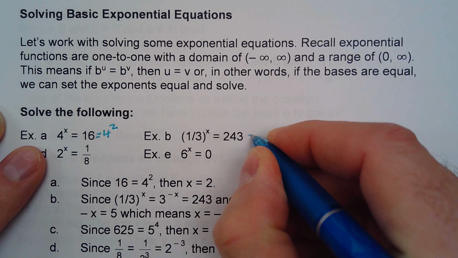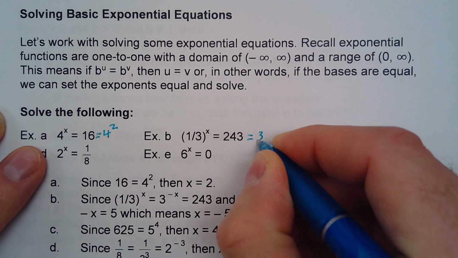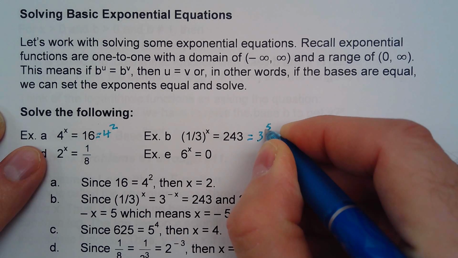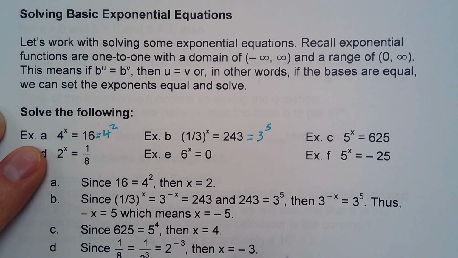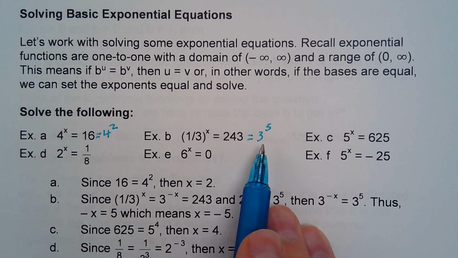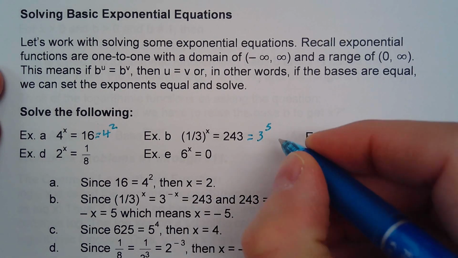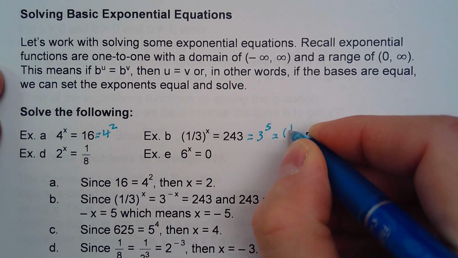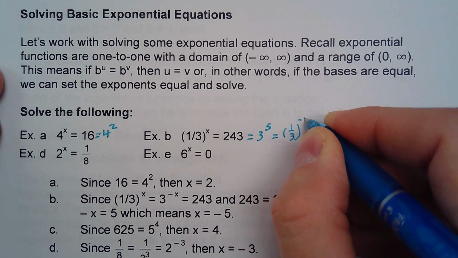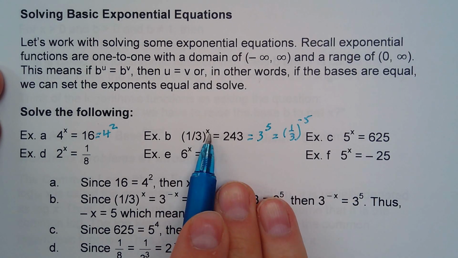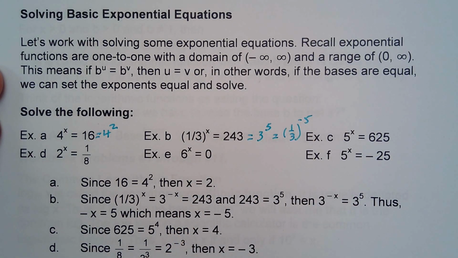Now the bases here are not quite the same. In order to make it the same, I need to flip this, and the way I do that is by changing the sign of the exponent. So this would be equal to 1/3 to the negative 5. And that tells me that x is equal to negative 5.